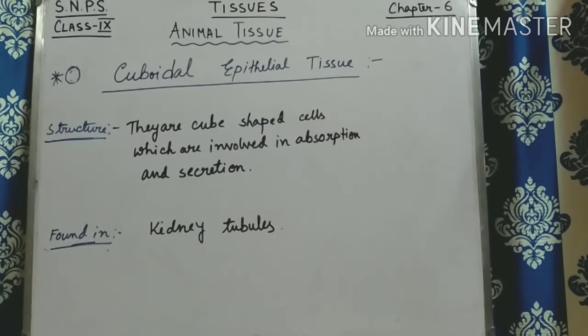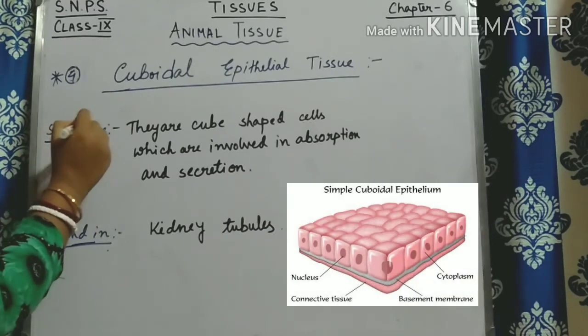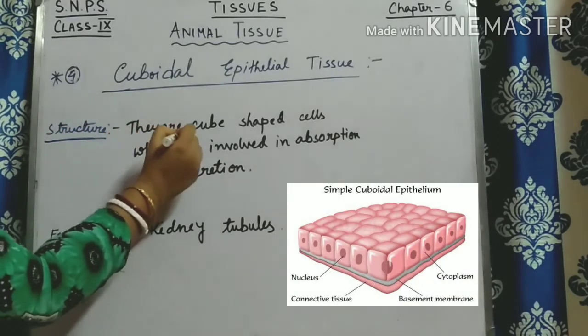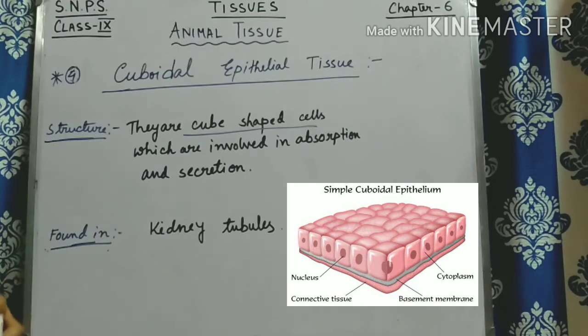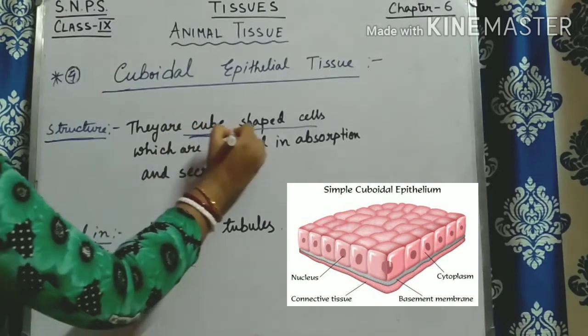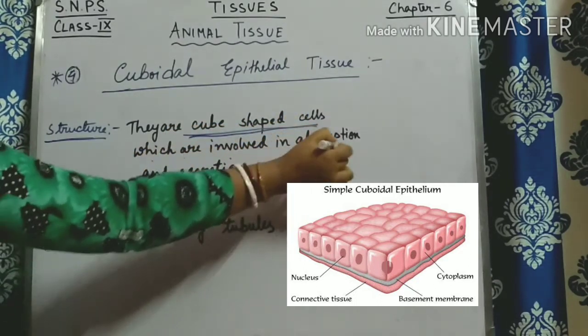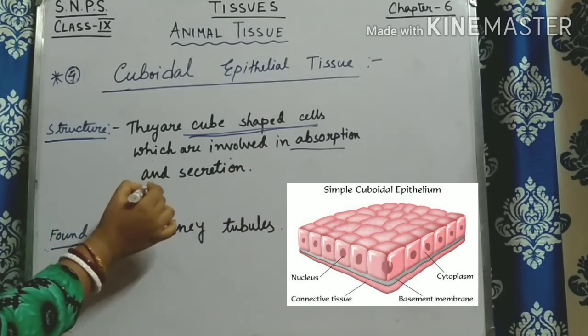The next one is cuboidal epithelial tissue. The name cuboidal comes from the structure, they are cube shaped cells. These epithelial tissues are formed by the accumulation of cube shaped cells which are involved in absorption and secretion.